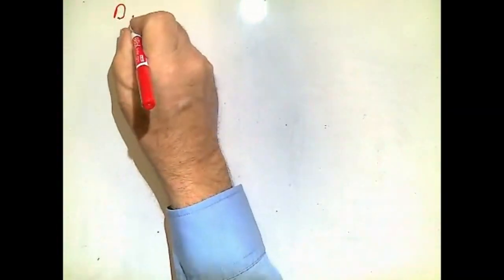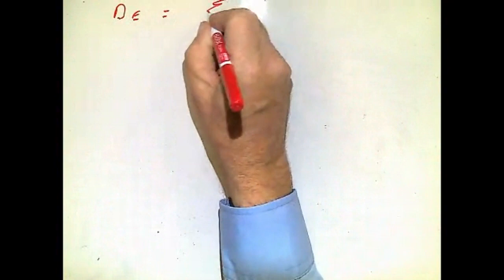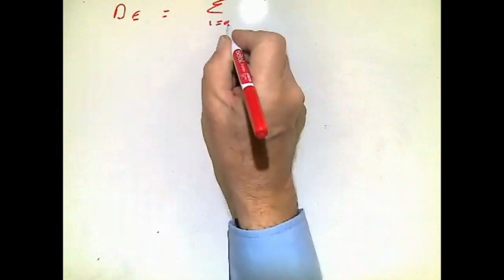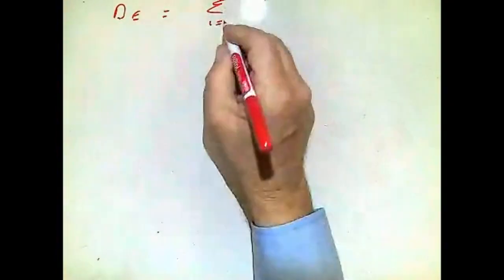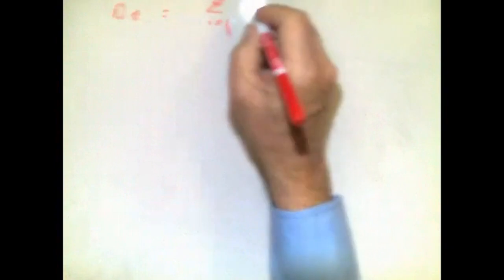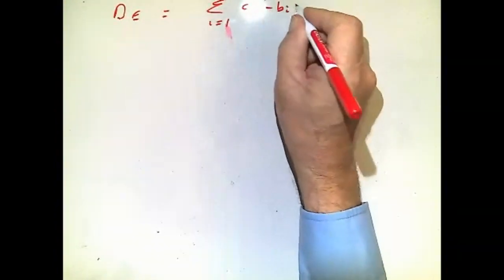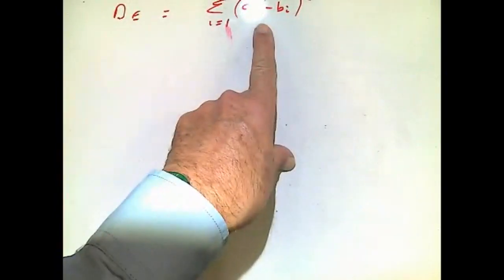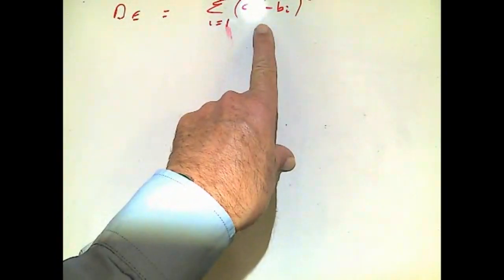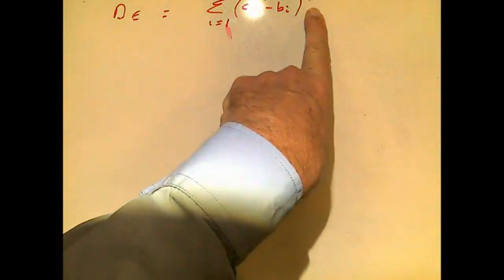So the Euclidean distance, let's call it dE, was the summation over i equals 1 to d, there's your dimensionality, of (ai minus bi) squared. Doesn't matter whether you get those round the wrong way, bi minus ai, exactly the same, because you're squaring.